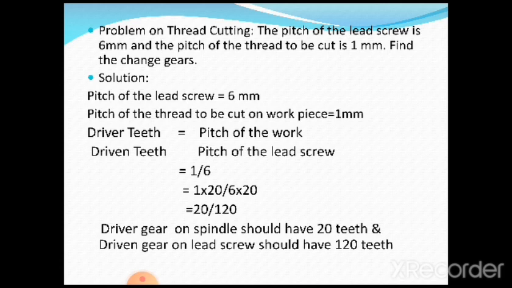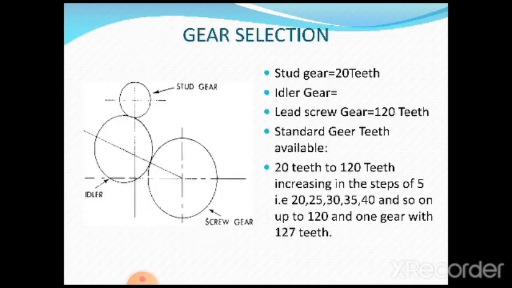Then only can I get the pitch of the thread to be cut on the workpiece equal to 1 millimeter. Now, as you are going to see on the screen next, this is the side view. The stud gear which we have selected is nothing but the spindle gear, with 20 teeth. The idler gear can have any number of teeth, only for speed transmission. Then the lead screw gear is equal to 120 teeth. These are standard gear teeth.